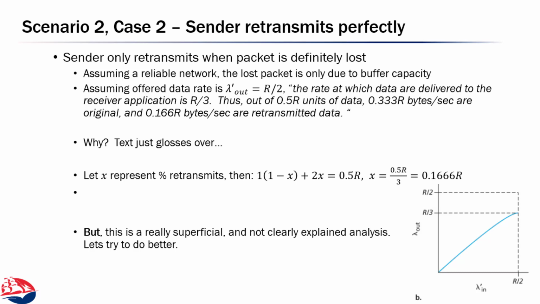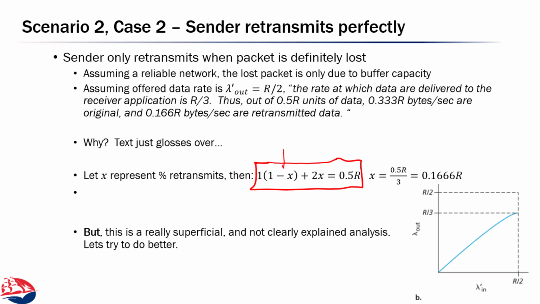First of all, let's try to explore why. If we let x represent the percentage of retransmits, then 1 times (1 minus x) plus 2x has to equal 0.5r. So where does this formula come from?